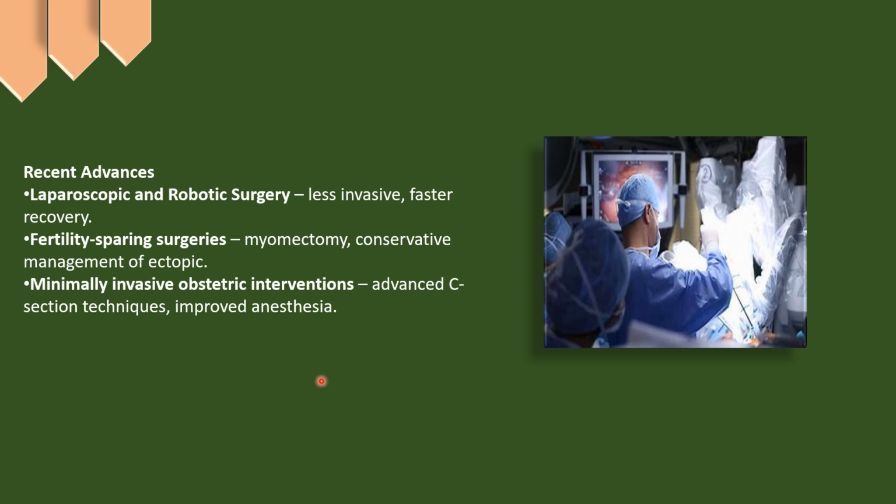In obstetric interventions, improved anesthetic techniques have made cesarean sections and other procedures much safer for both the mother and the newborn. These advances highlight the way surgical practice continues to evolve, always aiming to enhance safety, reduce complications, and preserve functions.